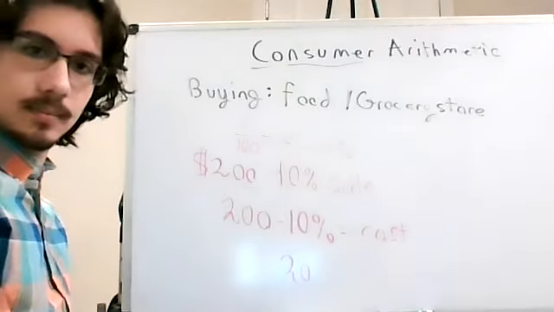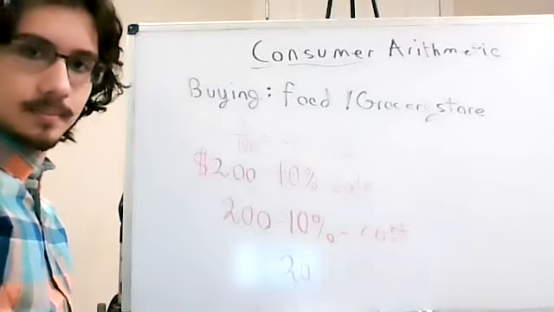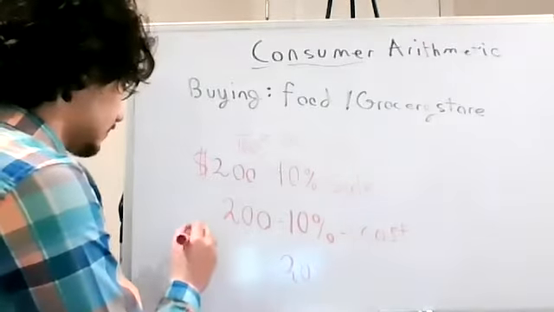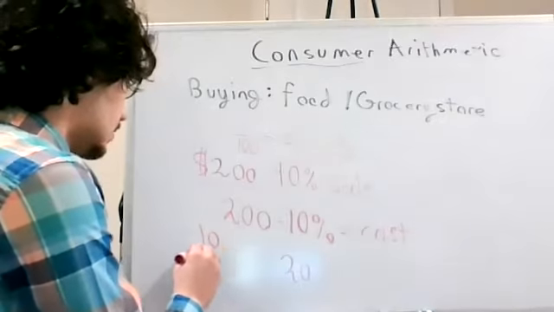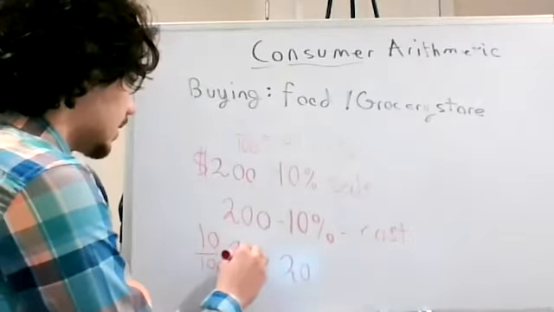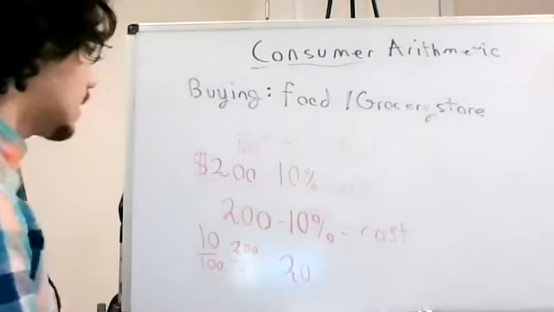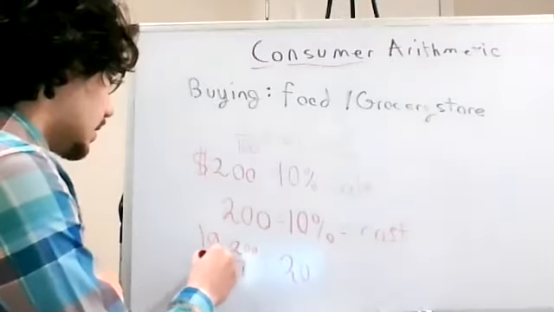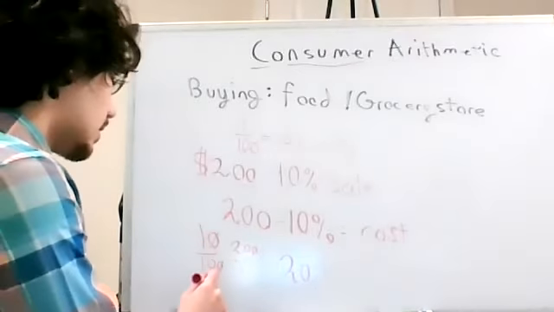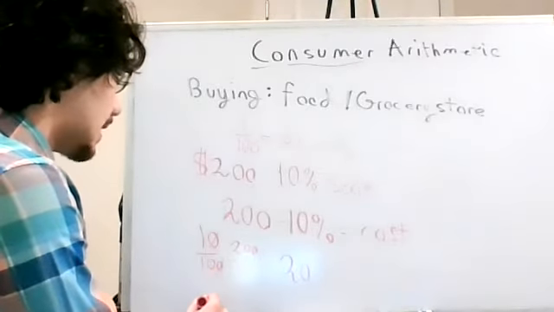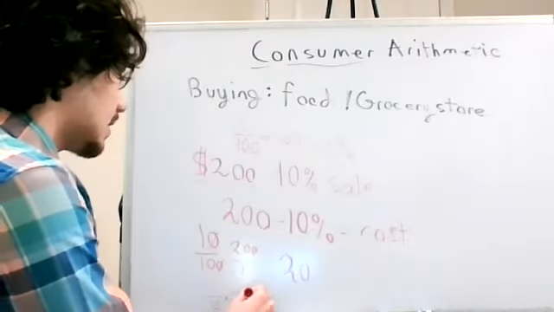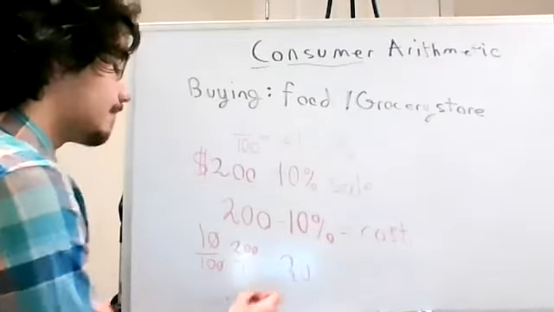It's 10 over 100 times 200 over 1. Very good. So 10 over 100 times 200 over 1. You would cancel the 10 from the 10 and the 100, so it will be 1 over 10 times 200. And this would equal 20.